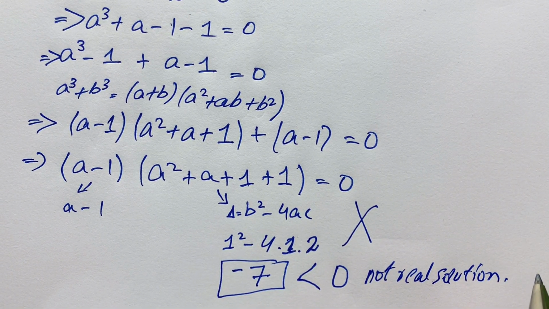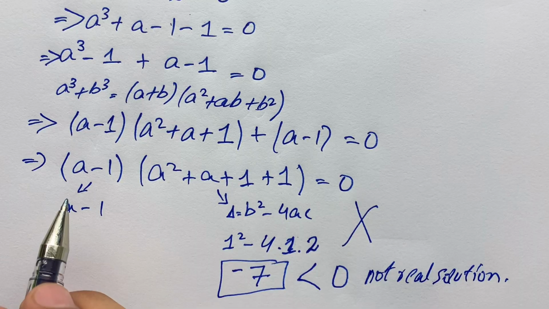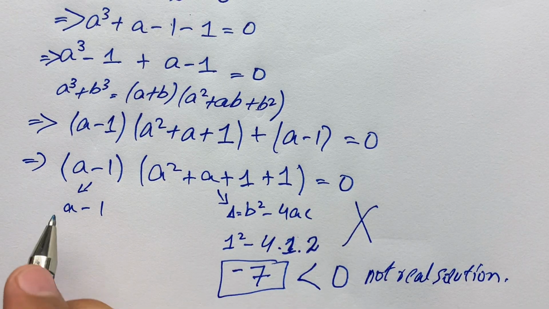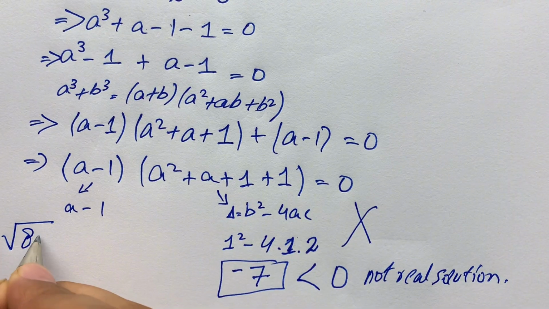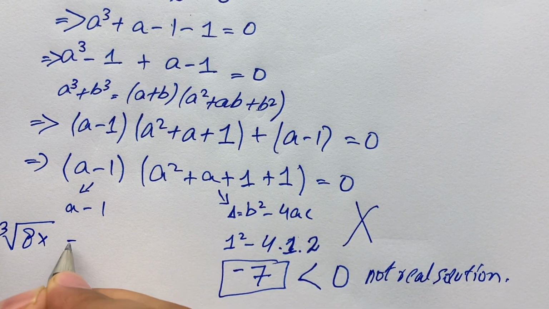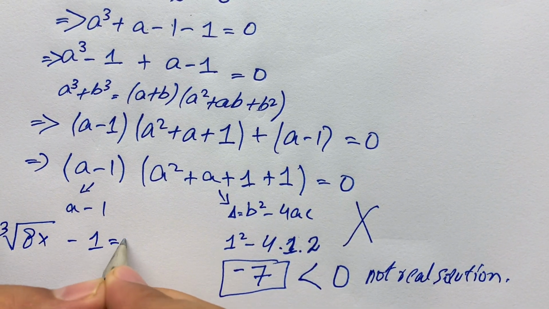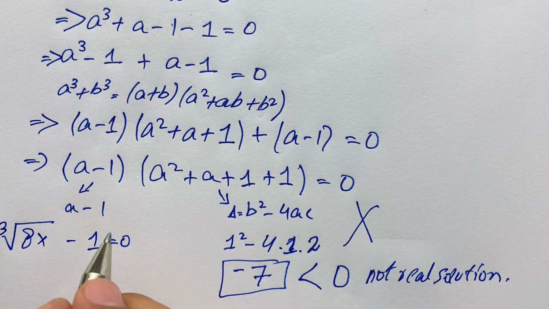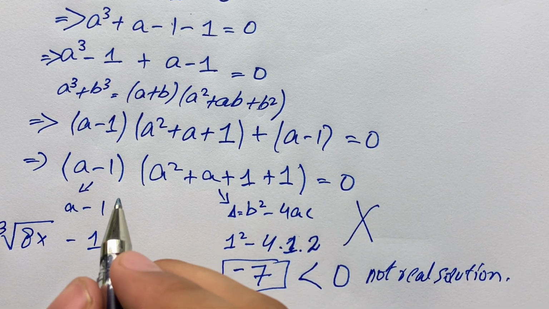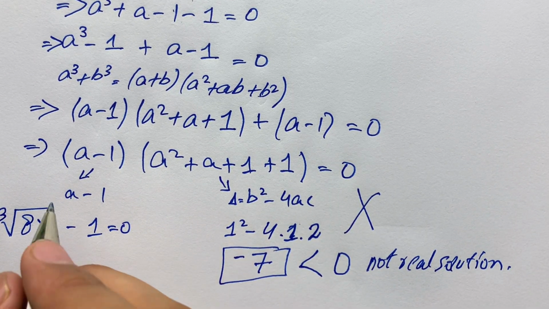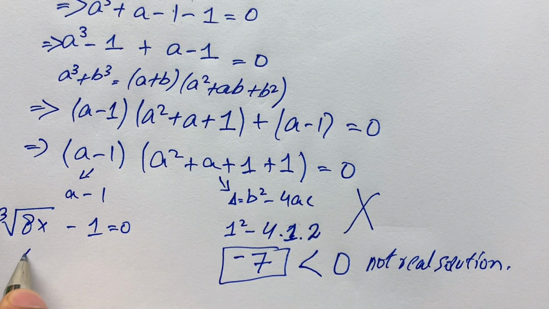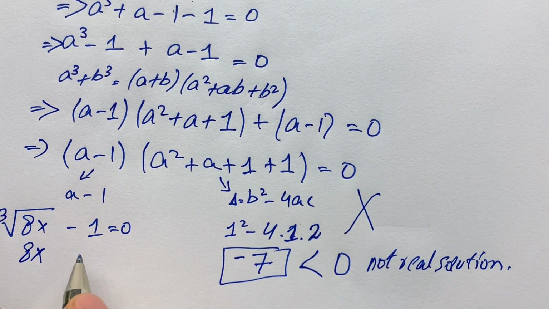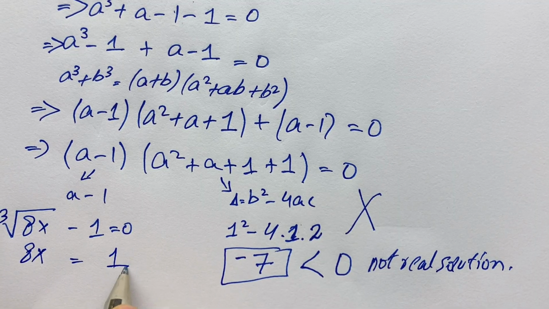Now we are solving the left side, and on the left side we get a equal to root of 8x × 3 is equal to 1. And now a is equal to 1, so 8x is equal to 1.